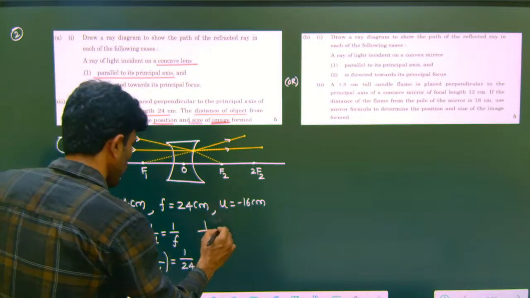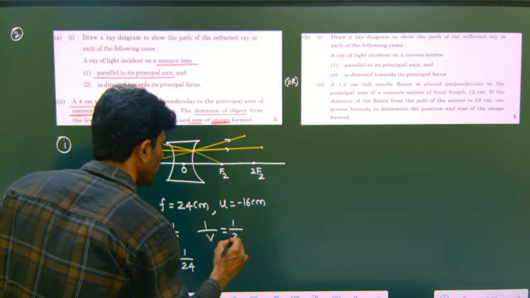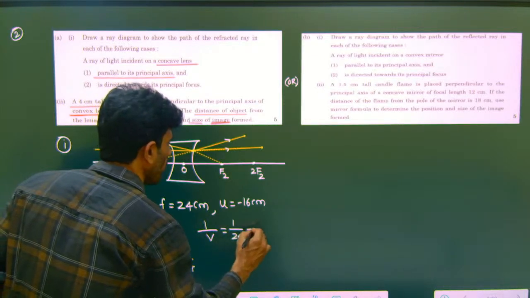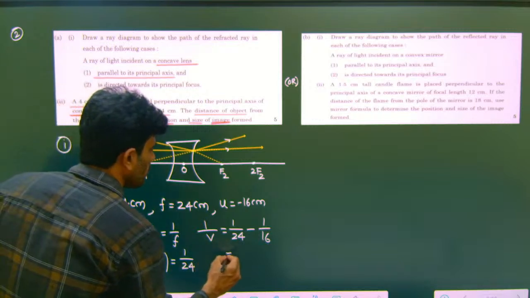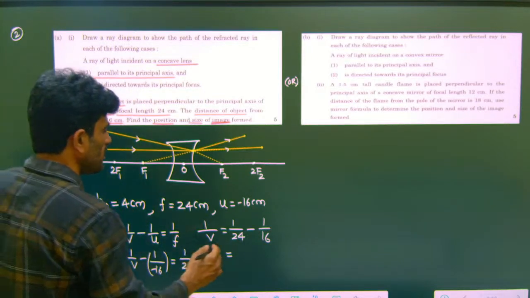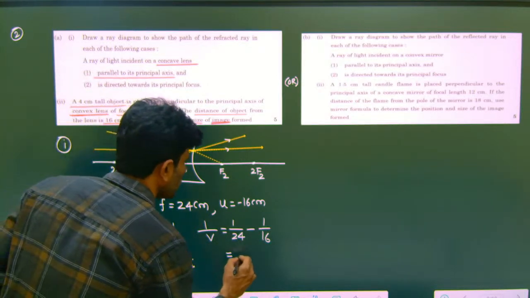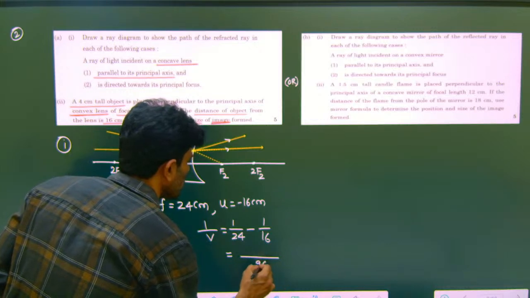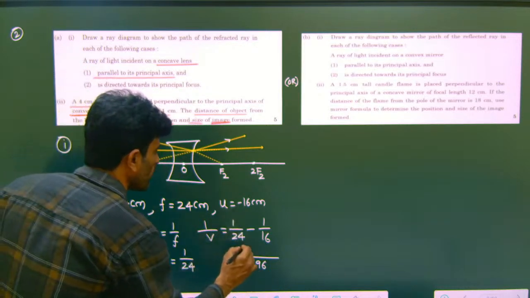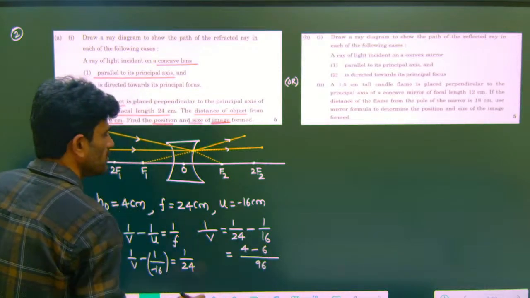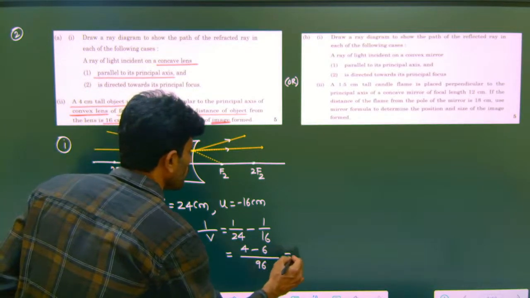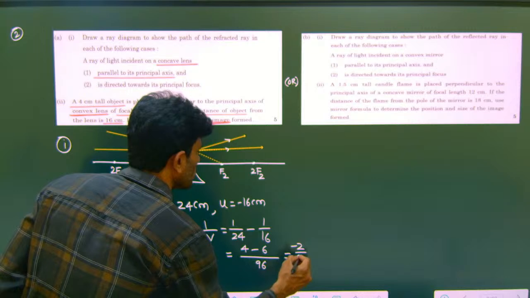Plus 1 by 16, if you transpose that side, 1 by 24 minus 1 by 16. Then we take LCM. LCM for 24 and 16 is 96. 24 fours are 96, so here 4, minus 16 sixes are 96, so here minus 6, which is minus 2 by 96.